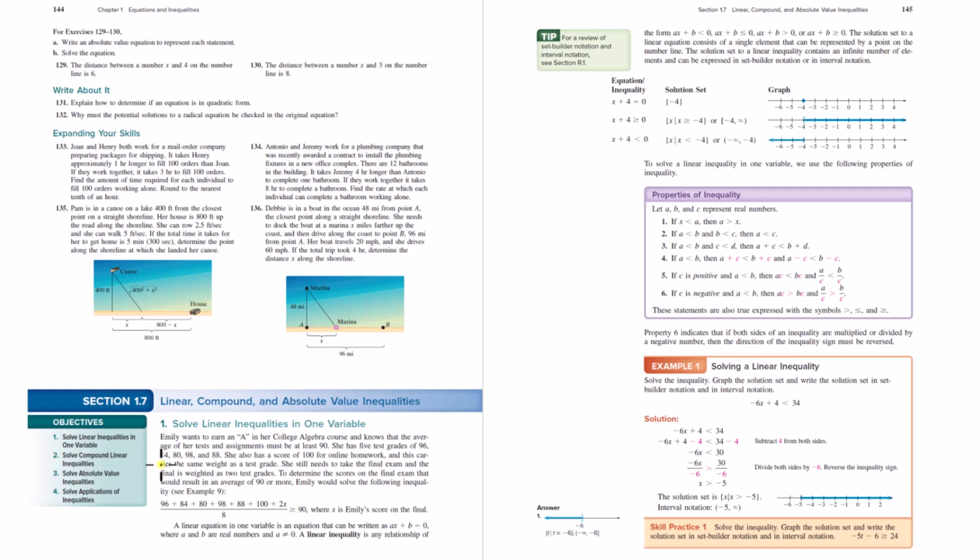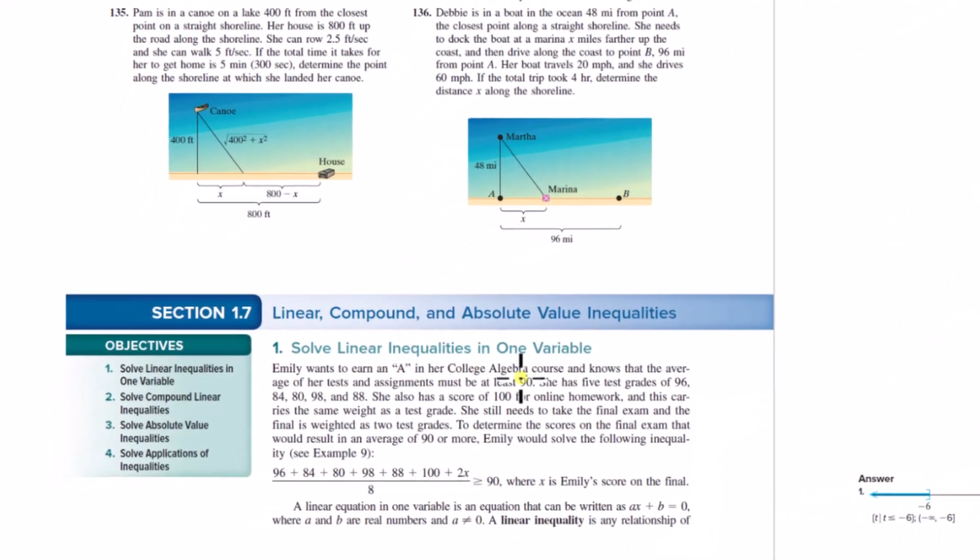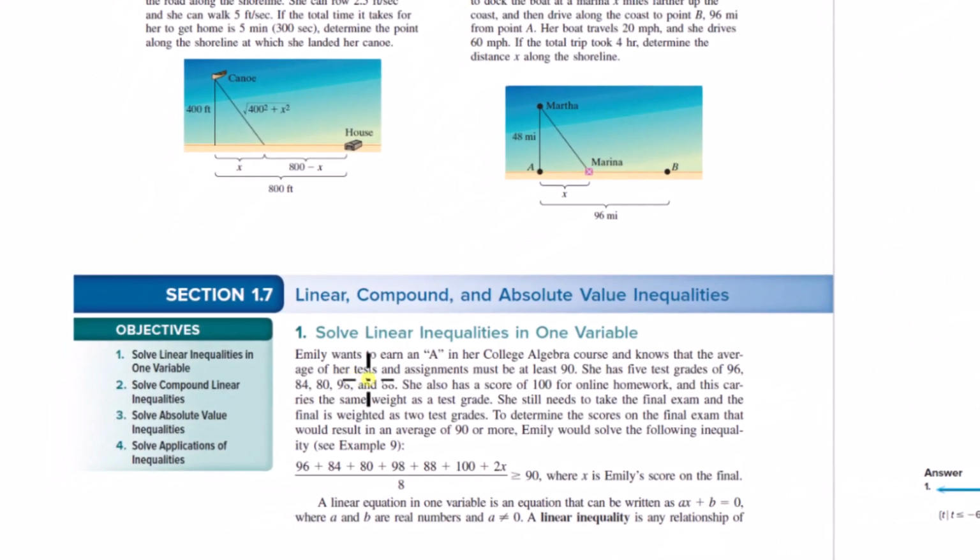You could absolutely have a circumstance in real life or at your job where you're trying to solve for an inequality, not an equality. And here it just gives an example. Emily wants to earn an A in her college algebra course and knows that the average of her tests and assignments must be at least 90, right? Must be at least.